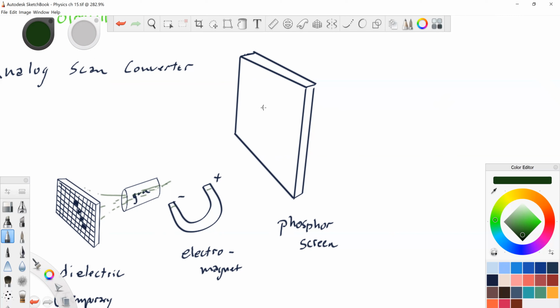So we would see 4 dots on the screen. The rest of the screen would be blank. Now that would be a very basic picture, but this is basically how it is. Gun shoots in, it sends a beam across.